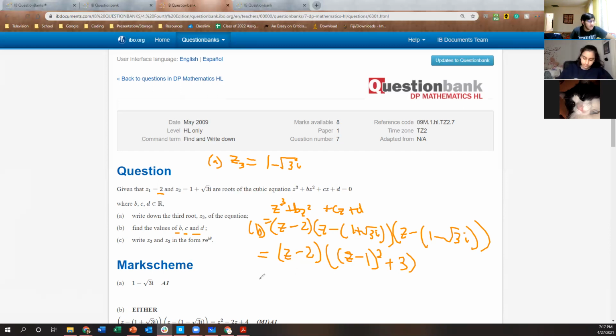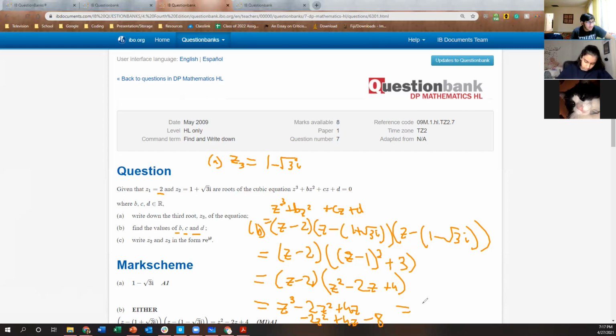Okay, all right. So now, once again, it's a matter of expanding out. Here I'm going to get z squared minus 2z plus 1 plus 3, which is a 4. If I FOIL this out further, I'm going to get z cubed minus 2z squared plus 4z, minus 2z squared again from this one, plus 4z, and then minus 8.